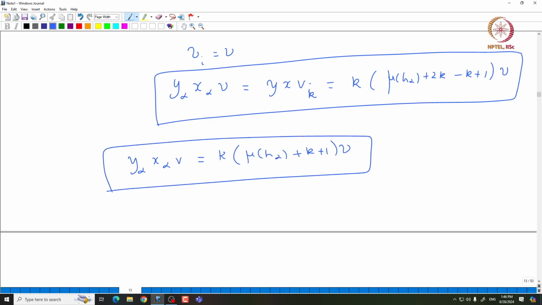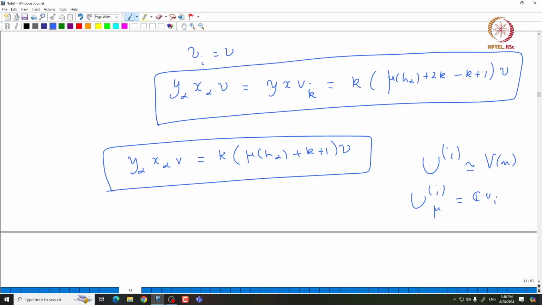But note that the multiplicity of Vi, that is, the dimension of that space, is 1 inside V of m, so Ui being isomorphic to Vm. So, Ui mu will be exactly spanned by this Vi. So, this is one dimensional.